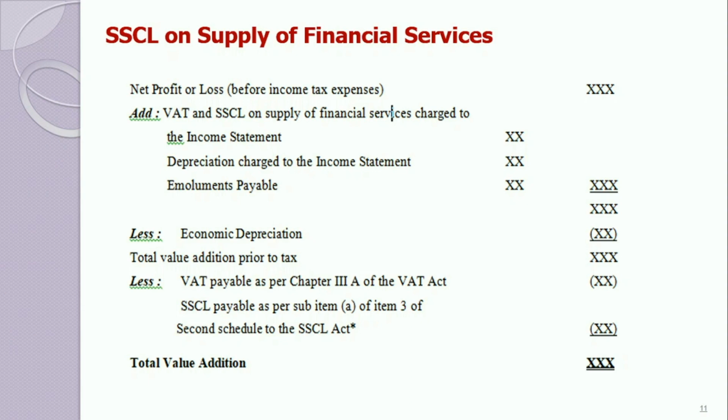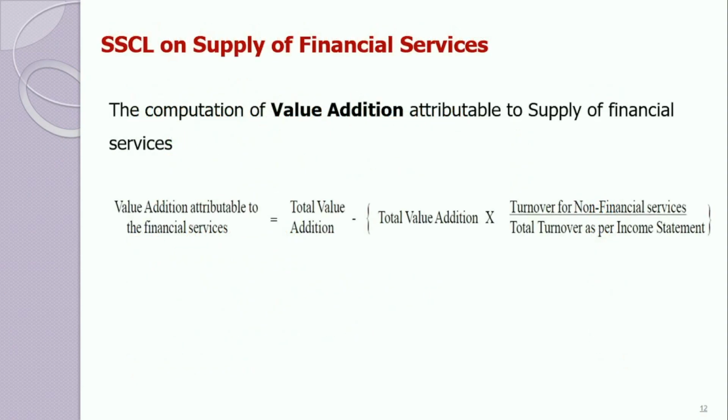So after those adjustments, you can ascertain the value addition and then use this equation to calculate the value addition attributable to supply of financial services. The 100% of value addition attributable to supply of financial services is liable to SSCL at the rate of 2.5%.